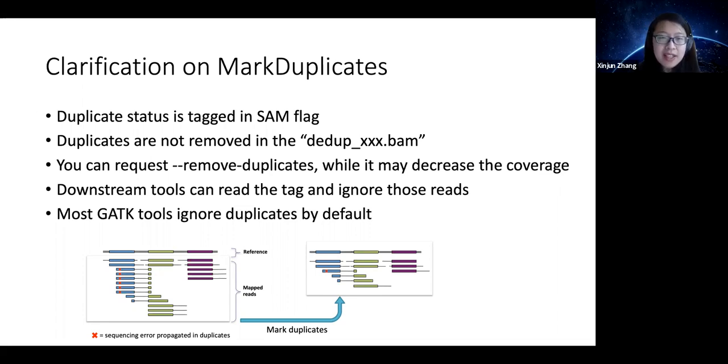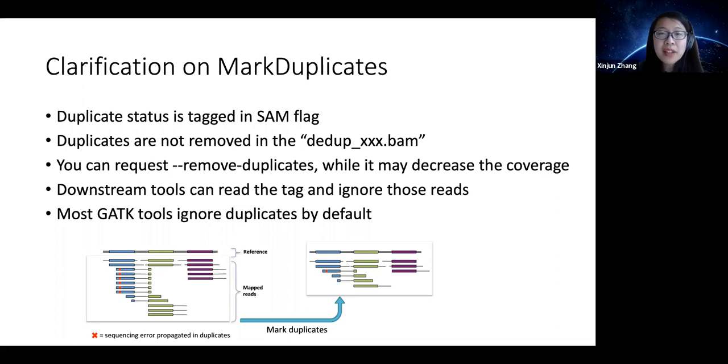The answer is that, unless we specify it to remove them, it does not. What it does is look at your BAM file, identify the duplicates, and add a flag to that read if it's a duplicate. So the duplicates are marked and flagged, but not automatically removed.